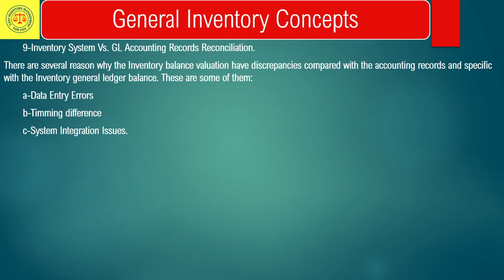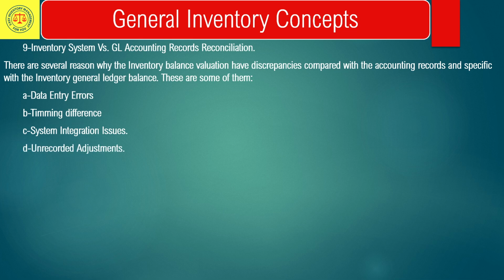But it could be in that transition, in that integration, when we try to upload the information from the inventory system into the accounting system, many things could happen. It could be the integration just failed at some point and they don't transfer all the information. It could be they transfer everything, but at the end they don't pick up all the information as well. So all those things create discrepancies.